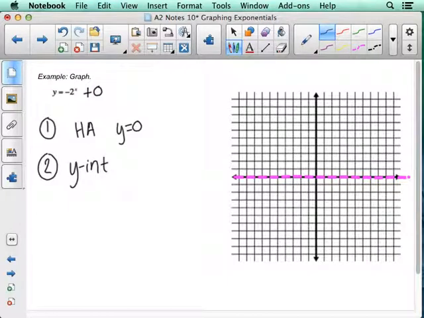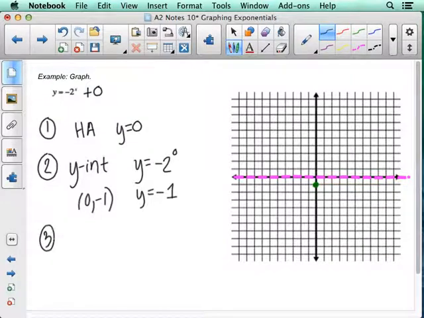So my y-intercept is y equals -2 to the power of 0. Notice that this negative is outside, and just the 2 is to the power of 0. So this equals -1. So my y-intercept is 0, -1. So I'm going to plot that. Now I need to think, is it growth or decay?